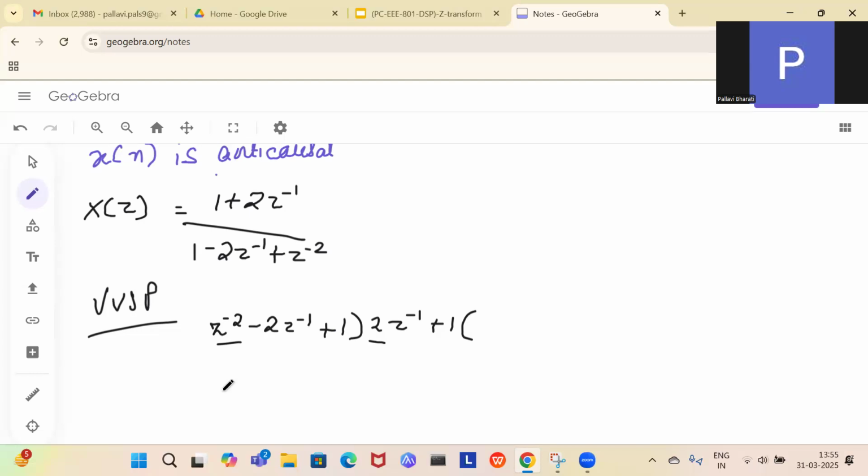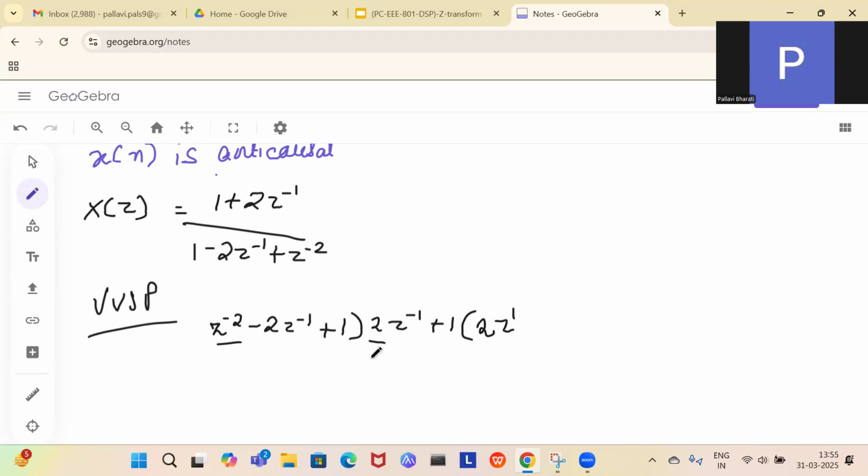Let's do it. How much should it be? Z to the power minus 2 is given over here, and this is 2z to the power minus 1. So what should we multiply over here? We need to multiply it with 2 into z to the power 1, right?